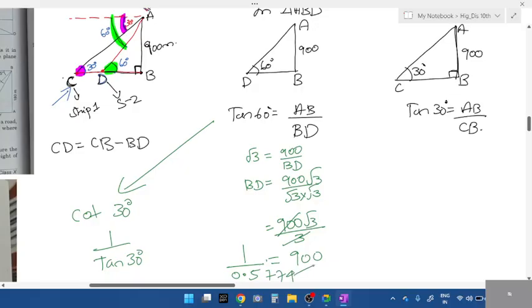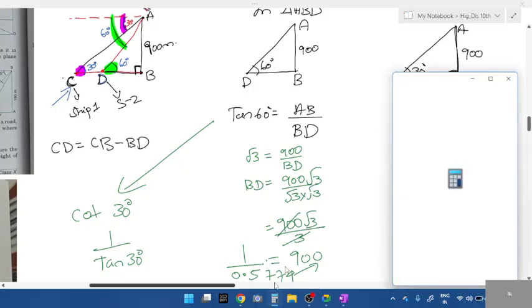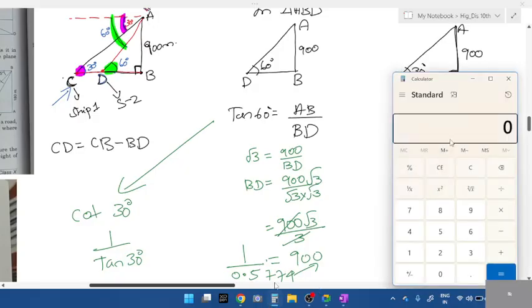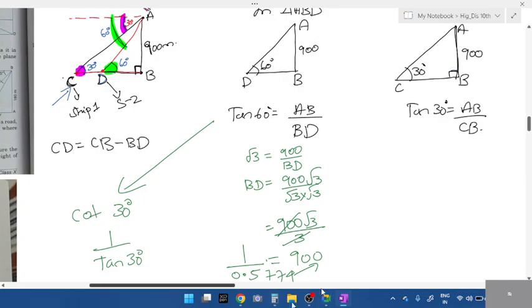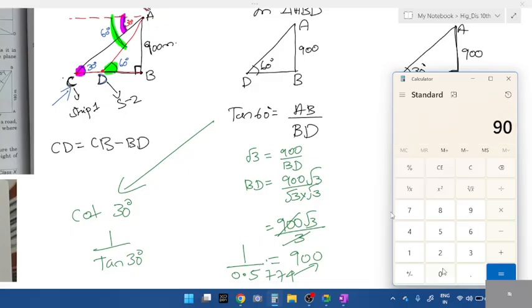Okay, this you multiplied with 900. So multiply 900 into 0.577. Others, what did you get, students?